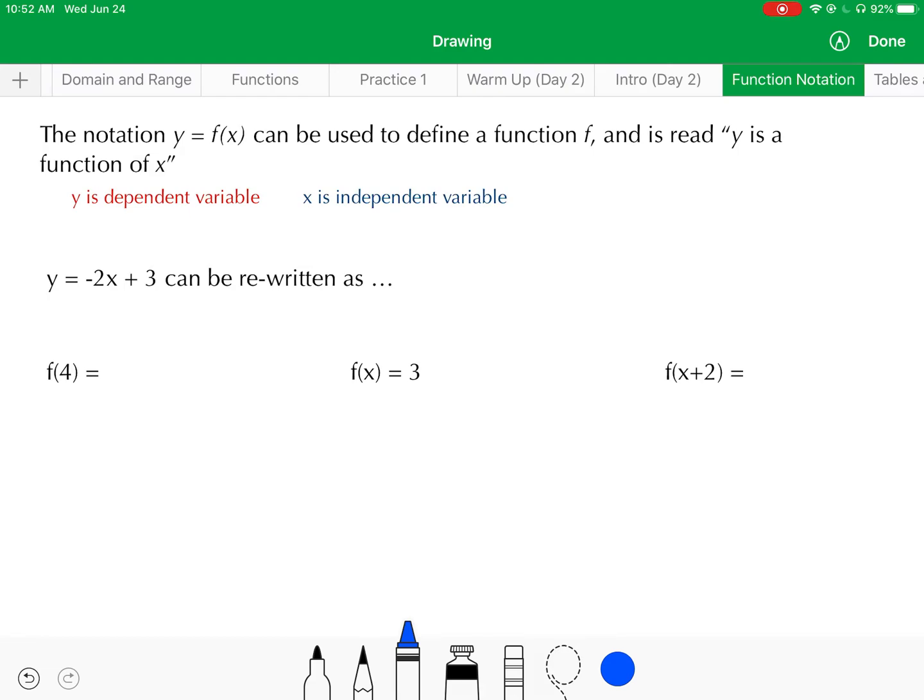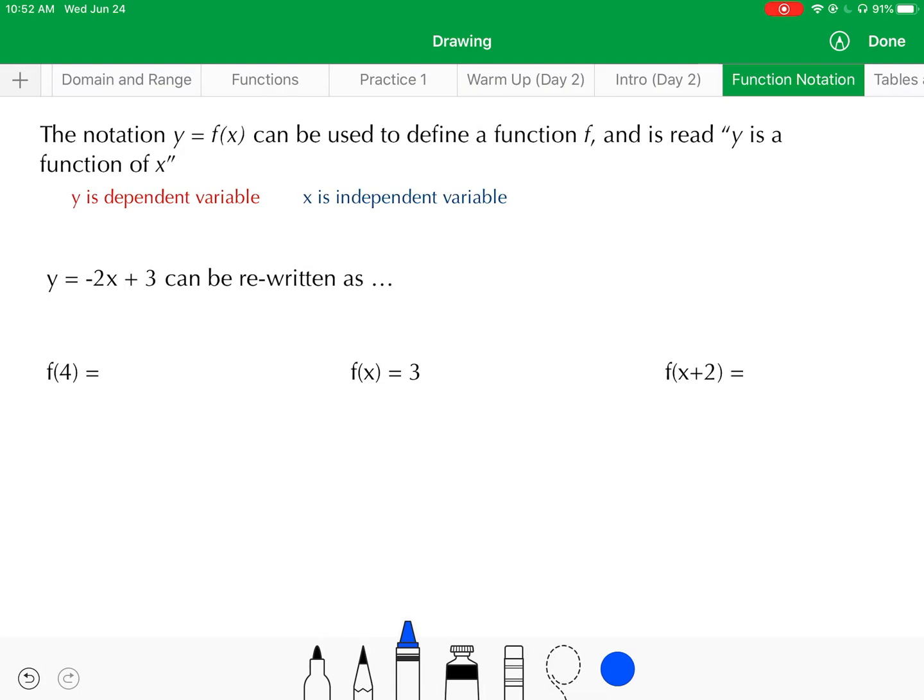Okay. So the notation y equals f of x can be used to define a function f and is read y is a function of x or f of x. It's implied that y is the dependent variable and x is the independent variable.